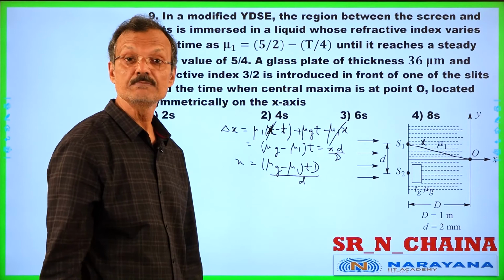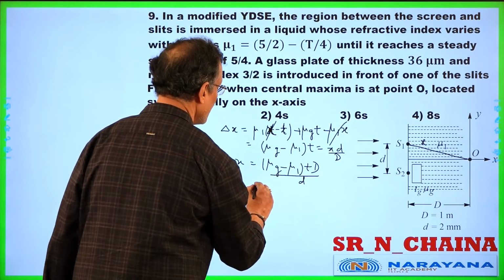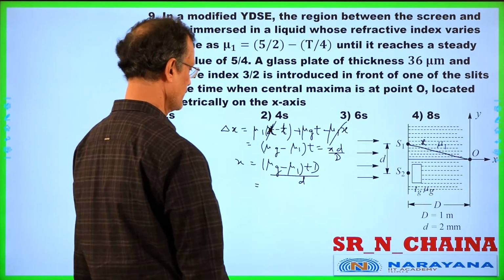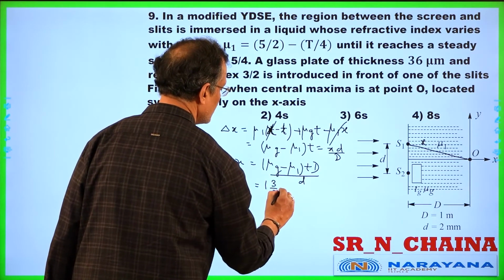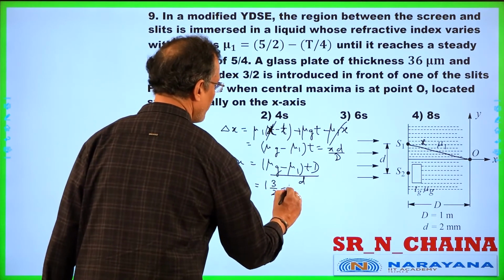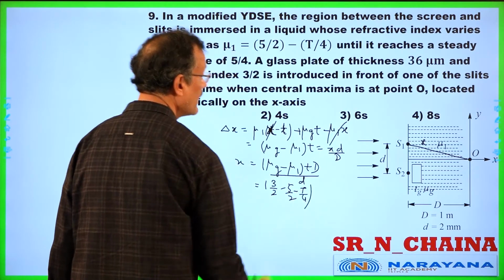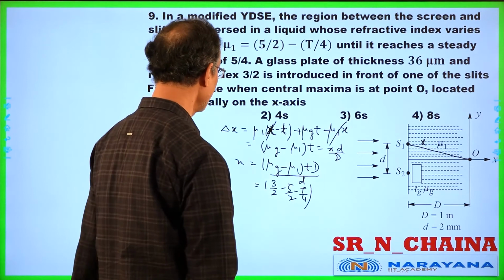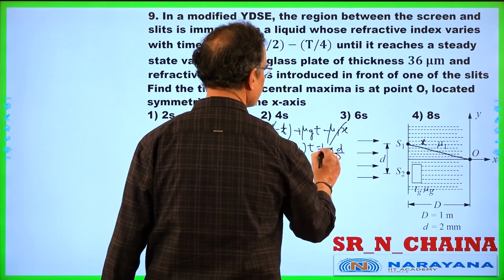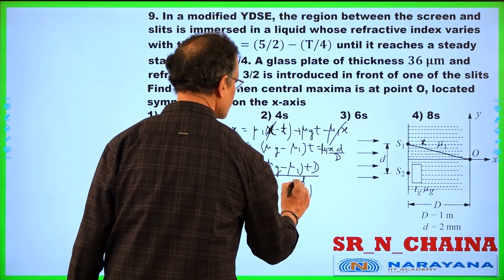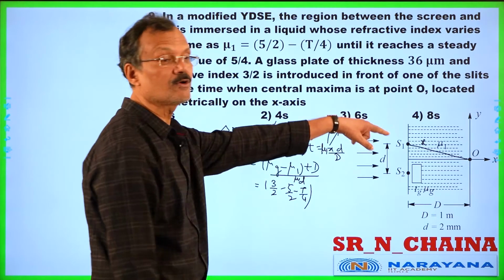Concentrate on mu g minus mu1. Mu g is constant. Mu g is 3/2, and mu1 is 5/2 minus t by 4. And because of the thickness you are considering, this distance x here is not x but mu1 x, so additional mu1 will come, because it is mu1 x d by D, since you are taking it in a medium, not in air.